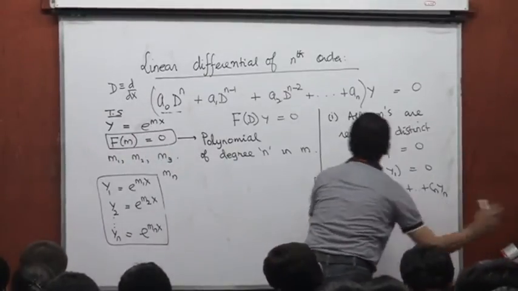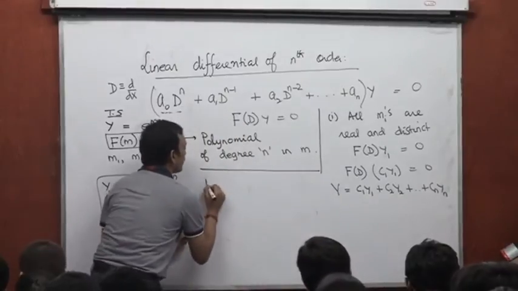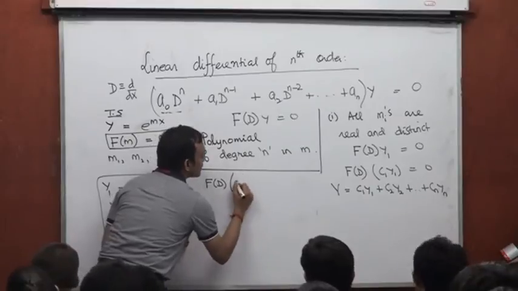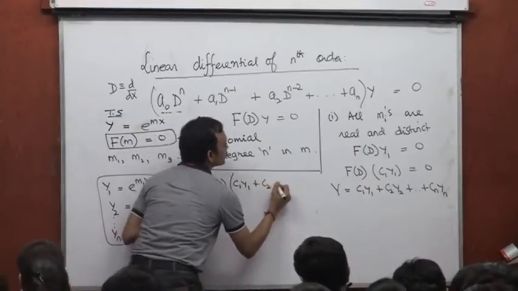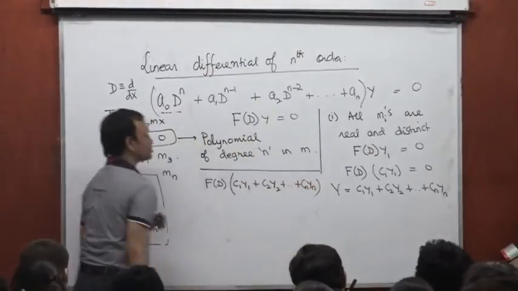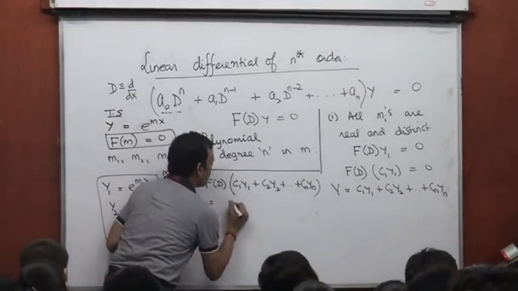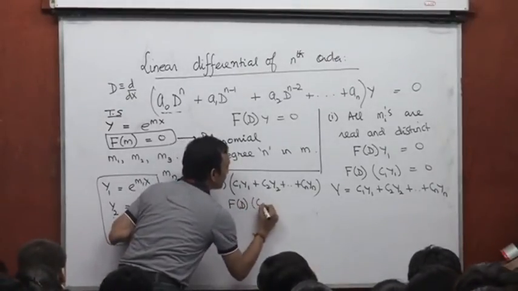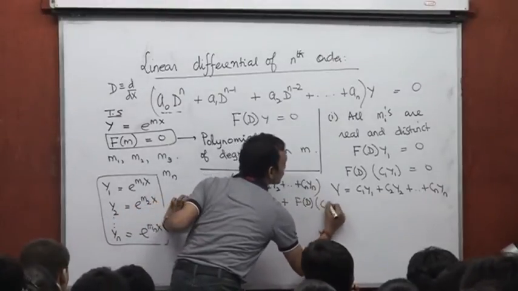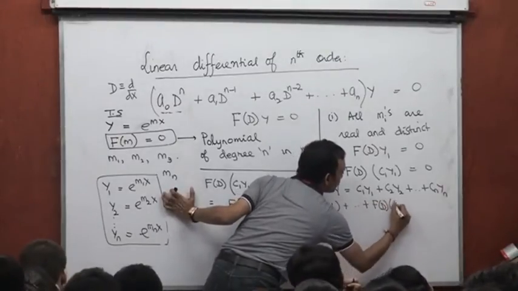So very clearly, when fd operates on y, which is C1 y1 plus C2 y2 plus Cn yn, we have fd operating on C1 y1 plus fd operating on C2 y2 plus fd operating on Cn yn.